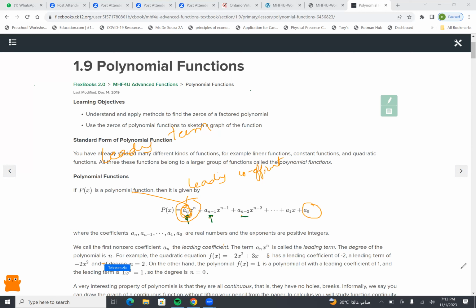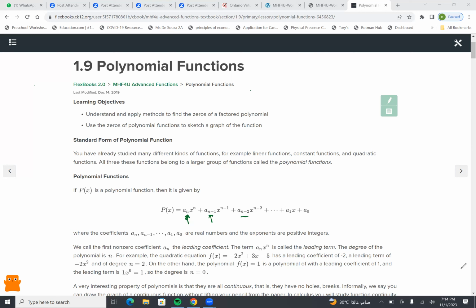For example, the quadratic function f of x equal to minus 2x square plus 3x minus 5 has a leading coefficient of minus 2, because the highest power of the variable is 2. The leading term will be minus 2x square. The degree of this polynomial will be the highest power of x, which is 2.